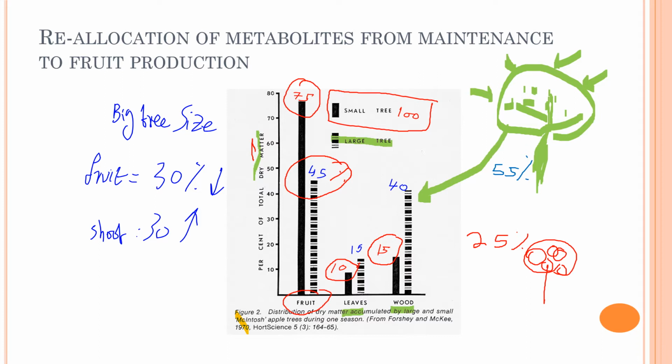In this case, you need more of the dry matter to go towards producing more fruits and bigger fruit size. And so in this case, you have more shoot than fruit if you have larger trees. That's why we prune the trees and make them shorter.